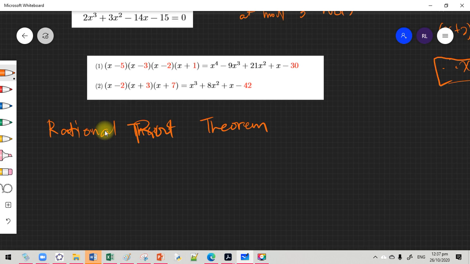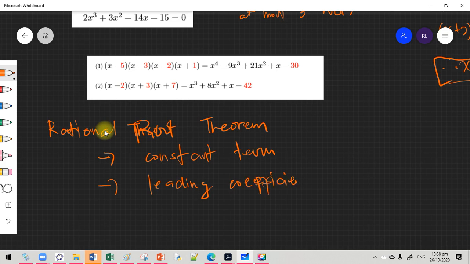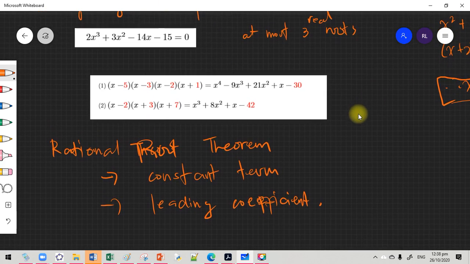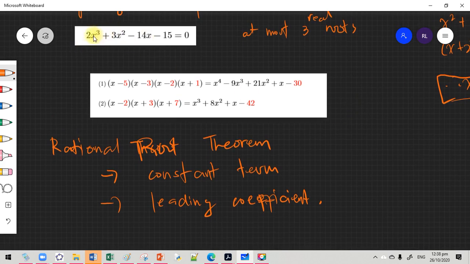The rational root theorem only takes into account the constant term and the leading coefficient. In our example, 2x cubed plus 3x squared minus 14x minus 15, the constant term is 15.